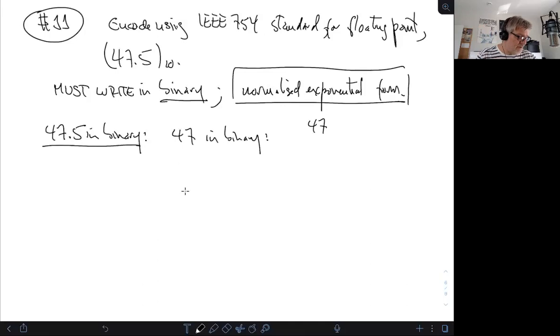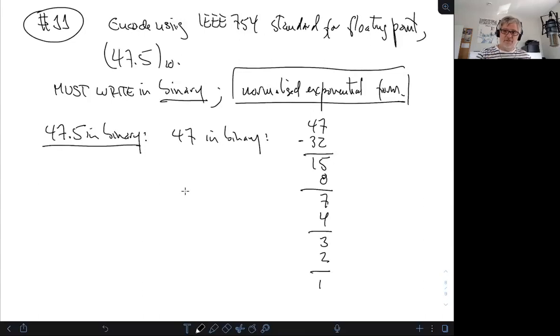So 47 minus 32, that's the biggest power of 2 that'll go in 47. I'm left with 15. Biggest power of 2 that goes in here is 8. That leaves 7. Then 4, that leaves 3, and 2, and that leaves 1.